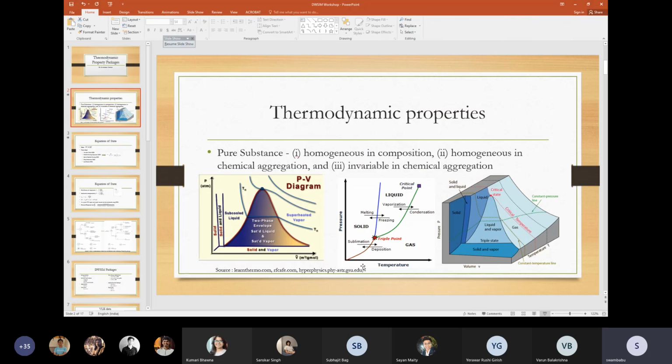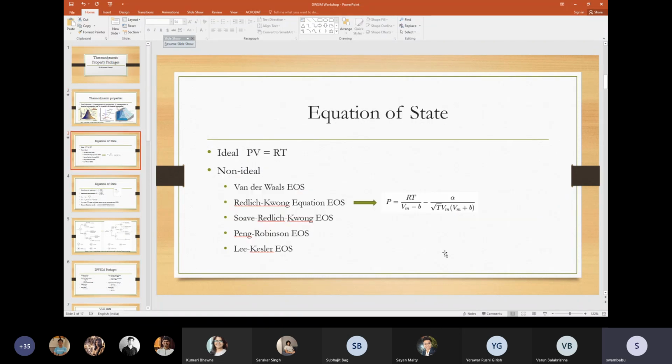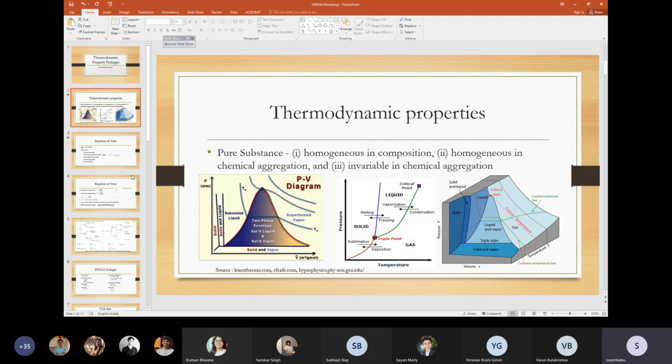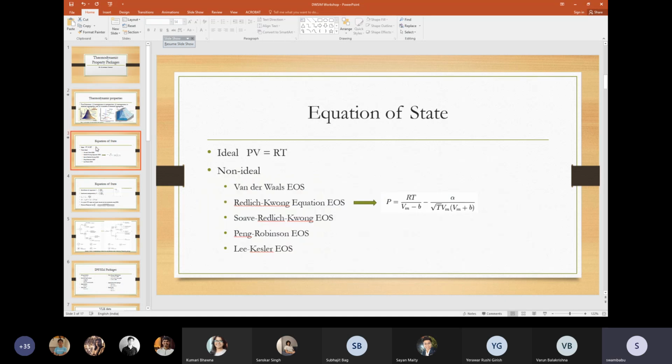Multiple people have generated these correlations based on this data. So that is where the equation of state comes in. An equation of state is supposed to represent this three-dimensional plot using a simple mathematical expression.